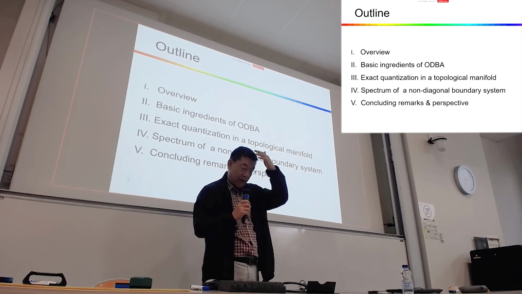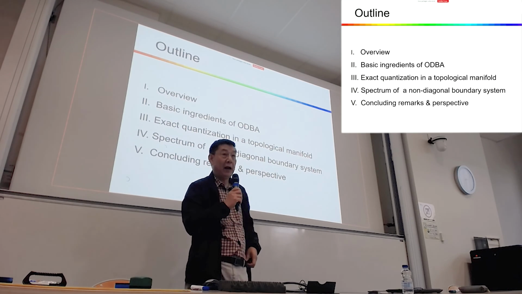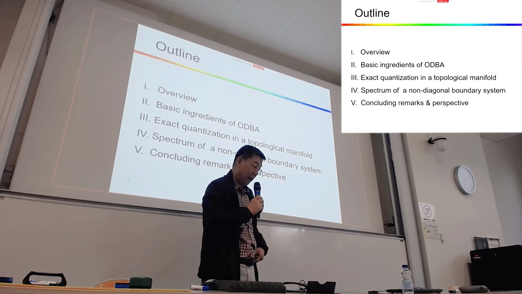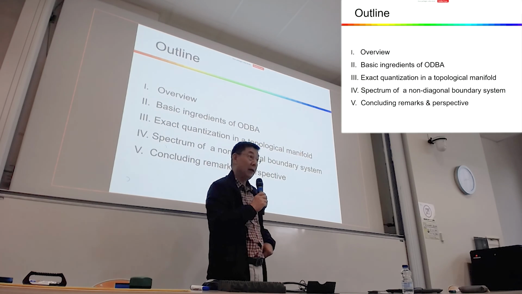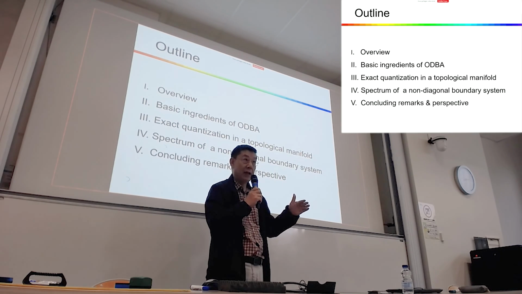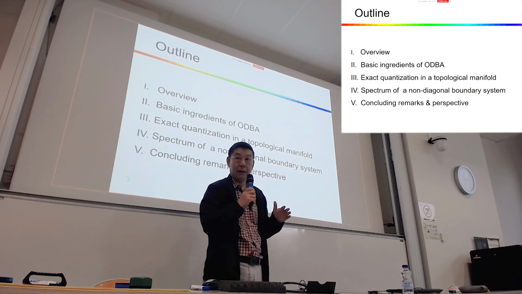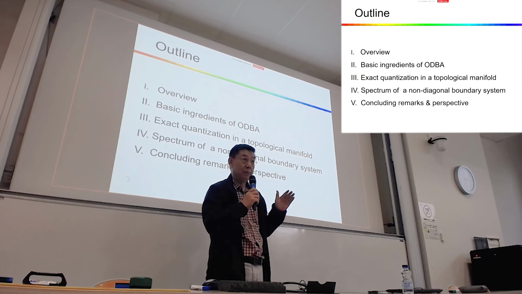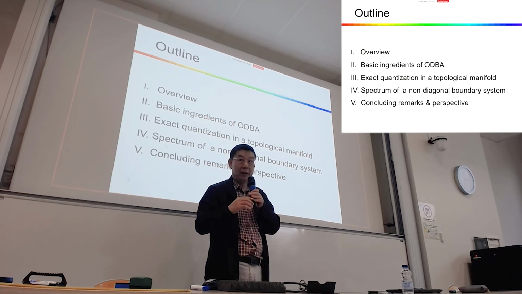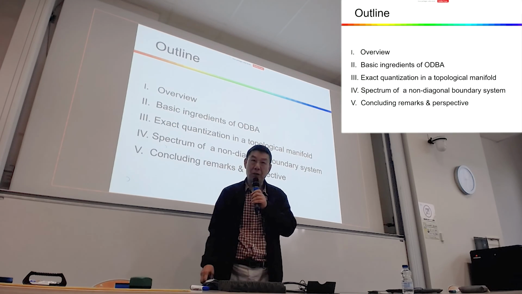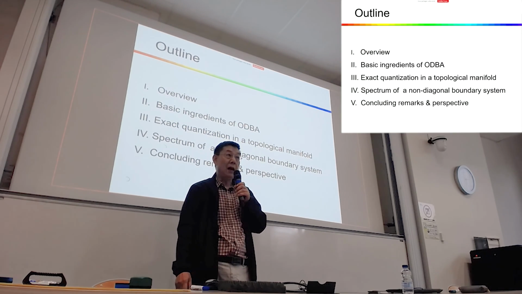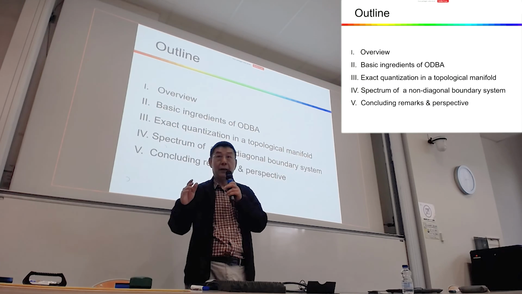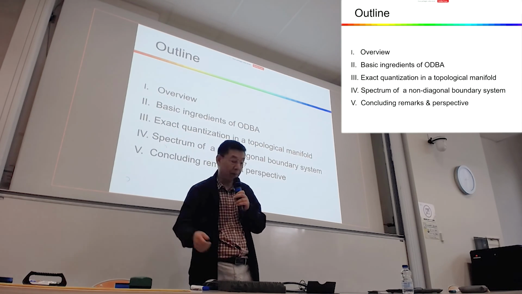At the start, I'll give a brief review of why we study the problem, and then I'll give you an introduction about the off-diagonal Bethe ansatz, how to get the spectrum, how to calculate the physical quantities in the thermodynamic limit, and also how to retrieve the eigenstate from the spectrum.